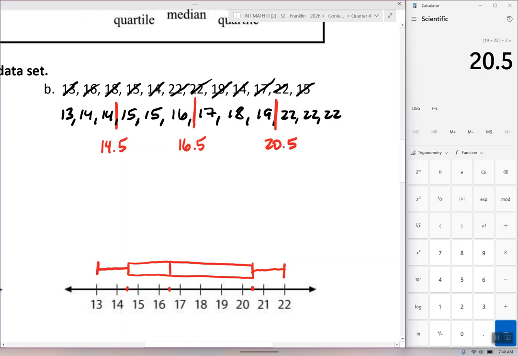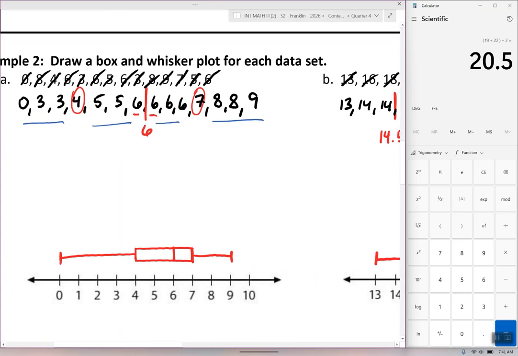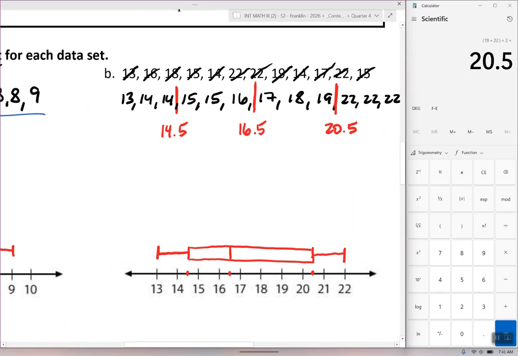So this box and whisker plot, the middle section was more spread out than either of the whiskers. On this first one, this first whisker was pretty spread out here, but the rest were all pretty close together, except for this section here, pretty small, because it was all these 6s that were the same number, all bunched up together. So the box and whisker plot is a great way to approximate and visually see the spread of your data.